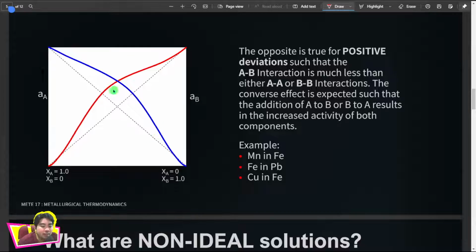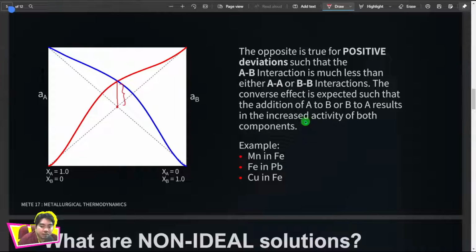And if you look at 50% again, you expect the activity of B to be at 50%, but you'll notice that it is greater than 50%. It is here. Okay? So opposite to the negative deviation, the net effect of this positive deviation is that if you add A to B or B to A, it will result in increased activity in both of the components.